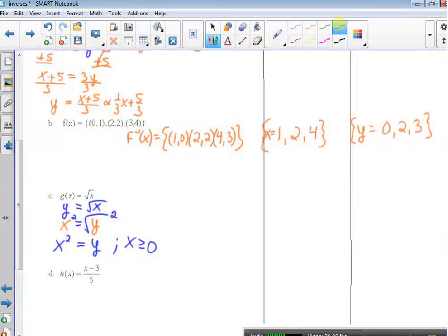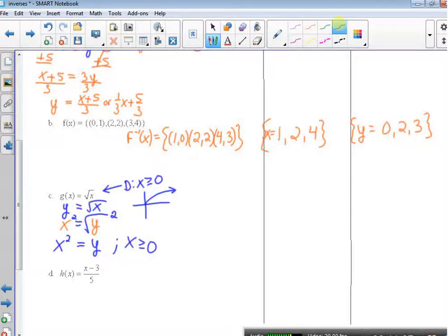Because remember, the domain of y equals the square root of x is x greater than or equal to 0, because when you graph it, it looks like that. You can't have negatives under the radical. So your inverse cannot either.